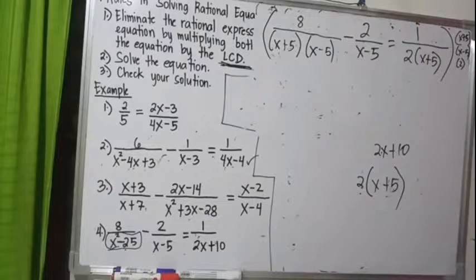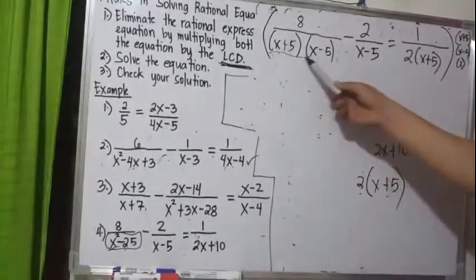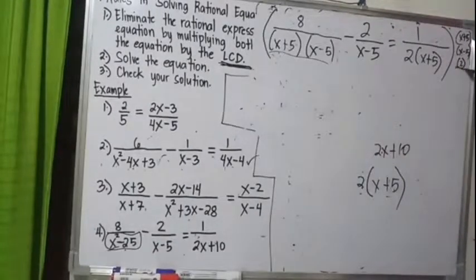Seiji Dalisay. So x plus 5 times x minus 5 times 2, i-divide yan natin dito sa denominator, so remaining is 2.